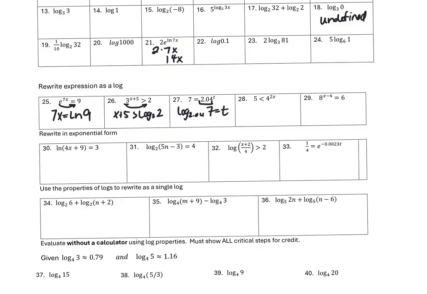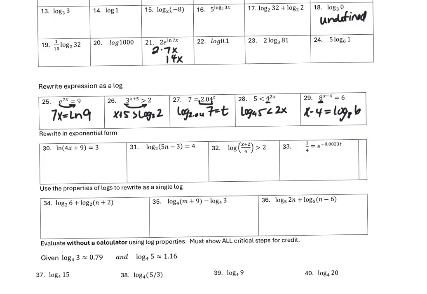And notice I'm trying to keep my variable on the same side of the equal sign. 4 is the base of this power, so log base 4 of 5 is less than the exponent 2x. 8 is the base of my power, so x minus 4, the exponent, equals log base 8 of 6.